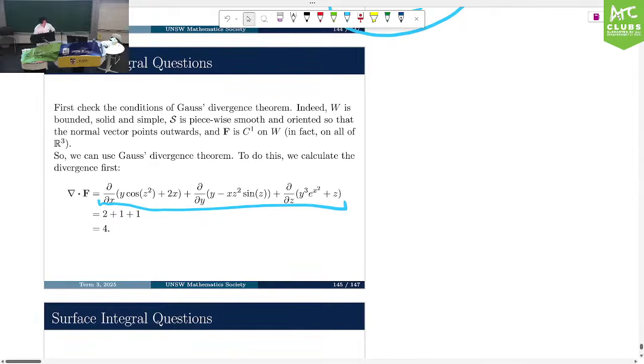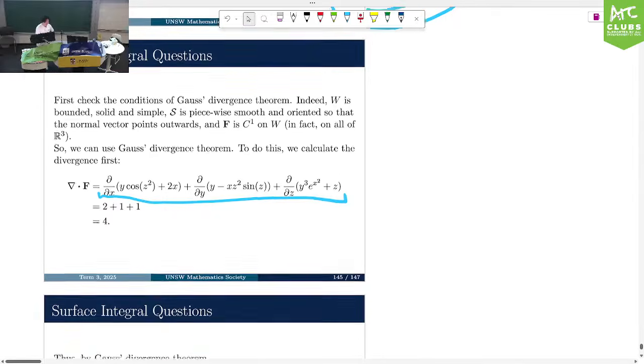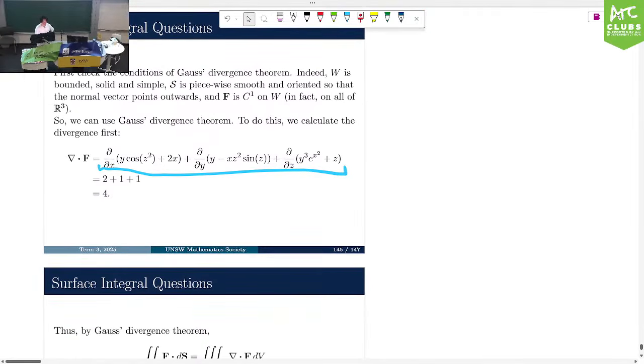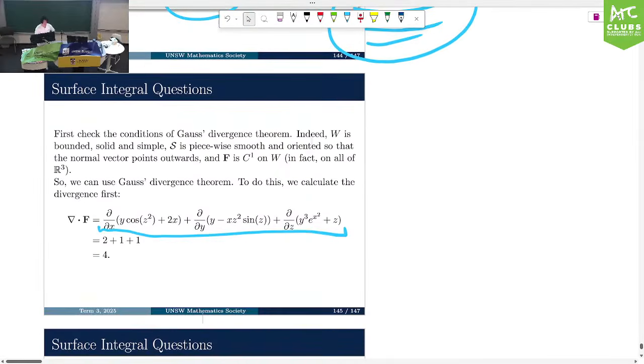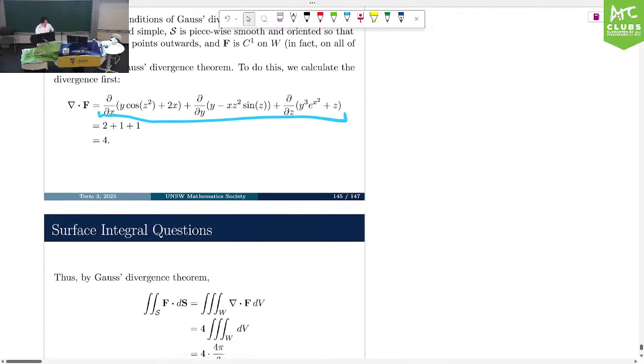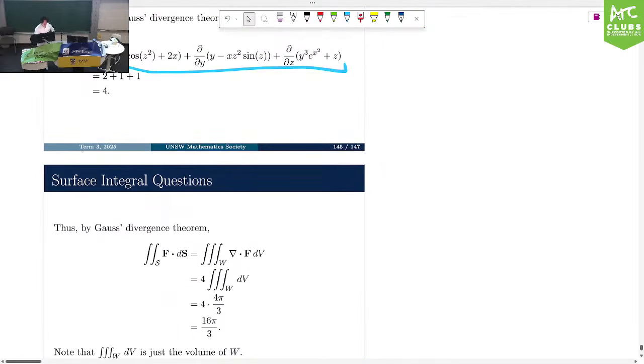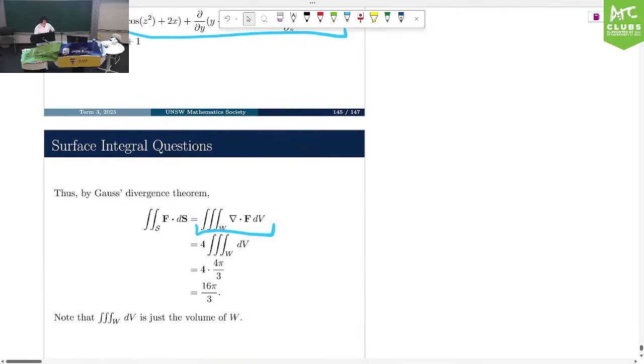As before, the divergence in this case is pretty straightforward. We just derive the three components given by our vector field, which gives 4. Then we apply that to our region here. If that is equal to 4, we can take that out.